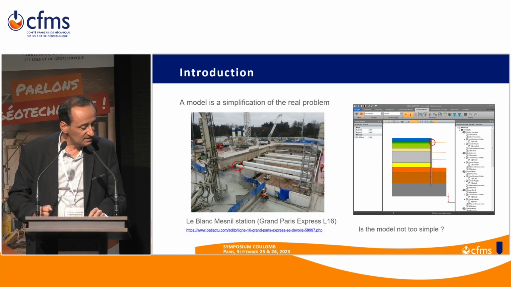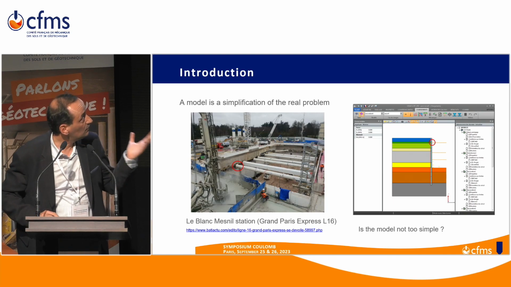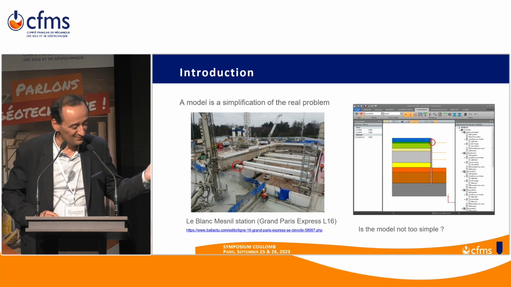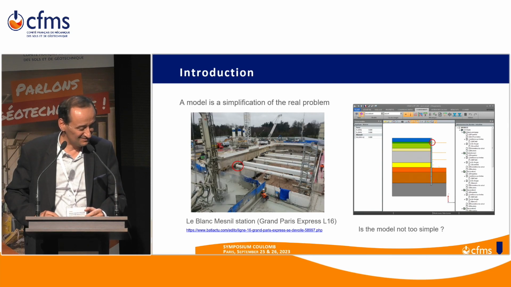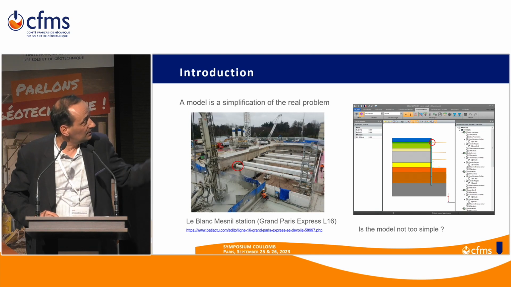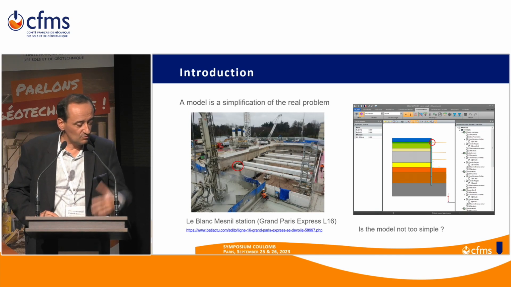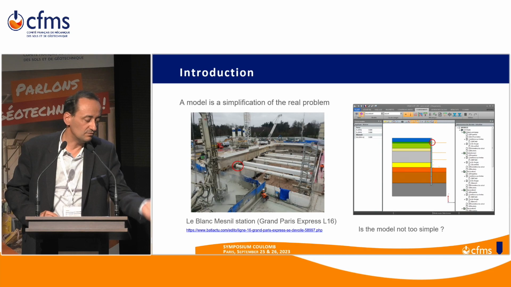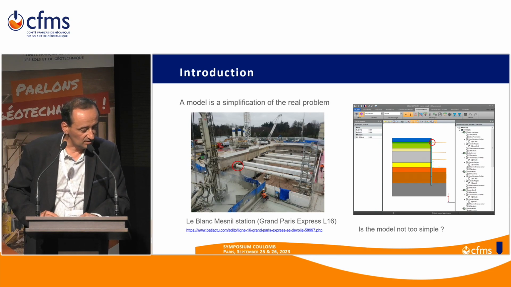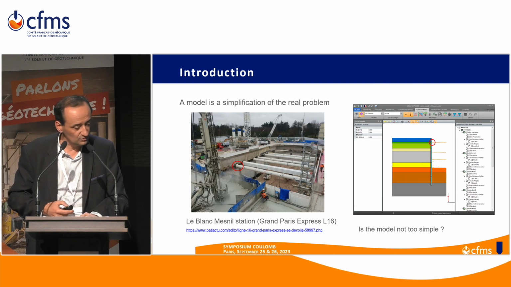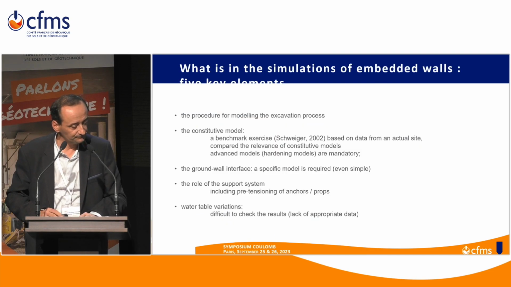That's a little simple, and on the picture, of course, there are all sorts of activities around the excavations that are not taken into account in the model. And also in the angle of the excavation, you have an angle prop, which is of course not present in the plane strain analysis. So we can wonder if our models are not a little too simple in some cases.